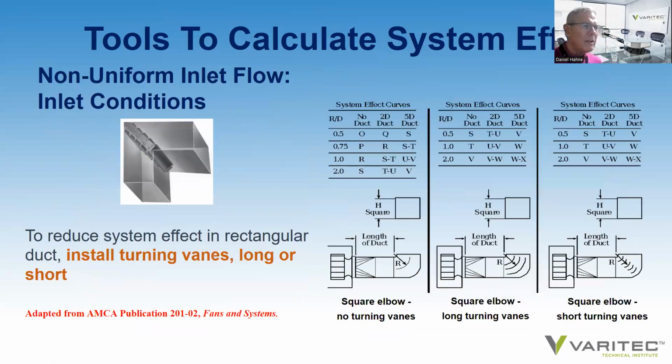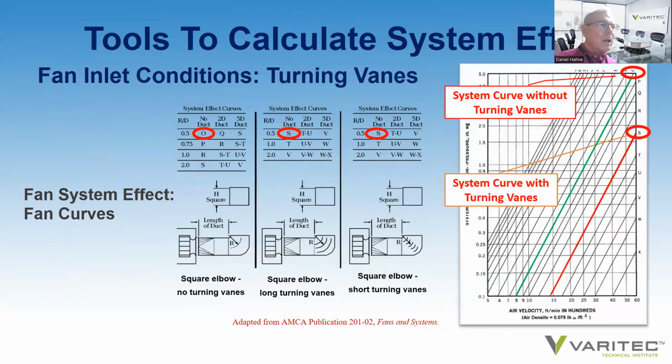And you can see that very clearly when you look at the 201 system effect charts. You will notice that for square duct with turning vanes, you can use a system effect fan curve that results in lower pressure drop than others should turning vanes not be assigned at those locations. And they also apply to round radius system effect fan curves.